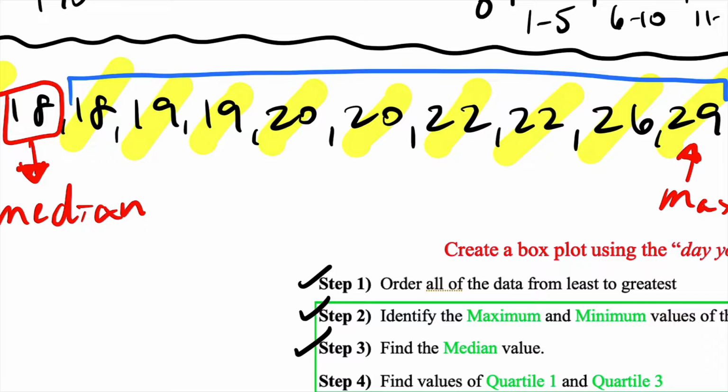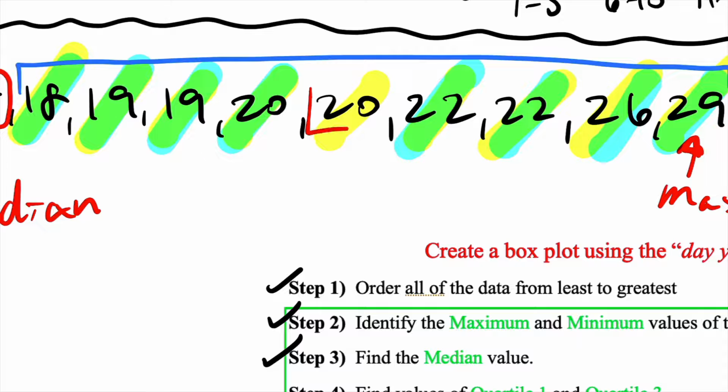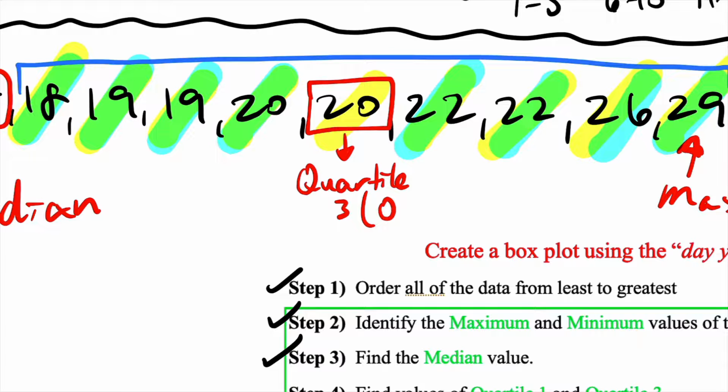Okay, so let's do it again. I'm going to find the middle of these guys, and that happens to be 20. So we call it quartile 3 or Q3, the third quartile.